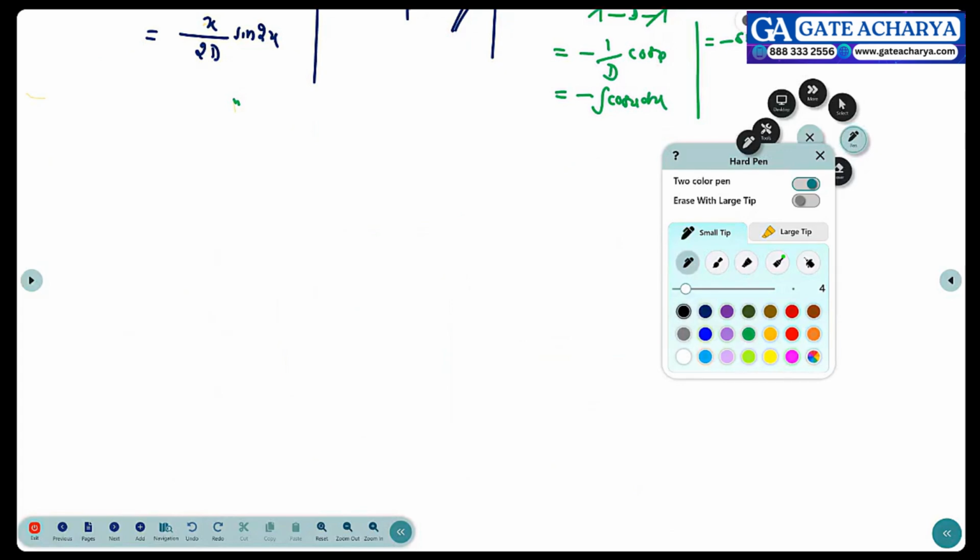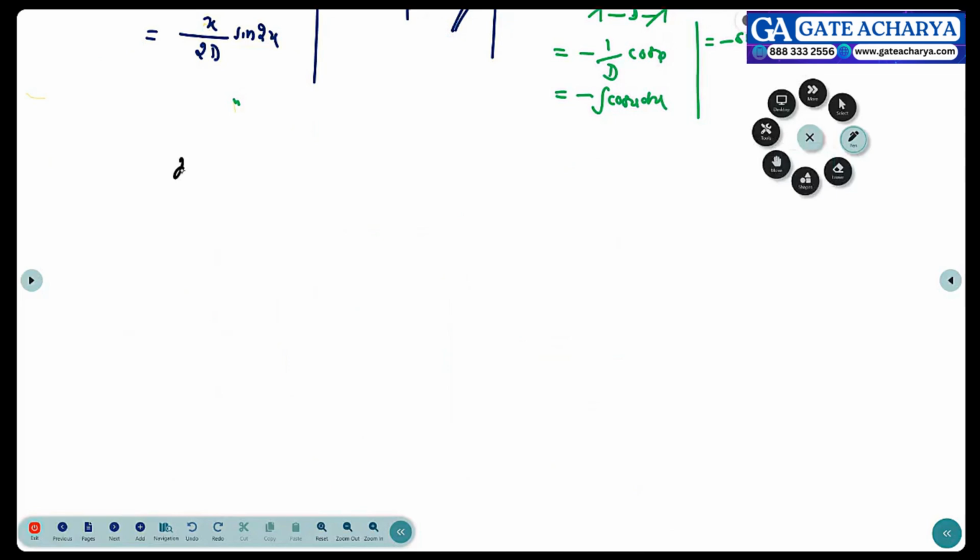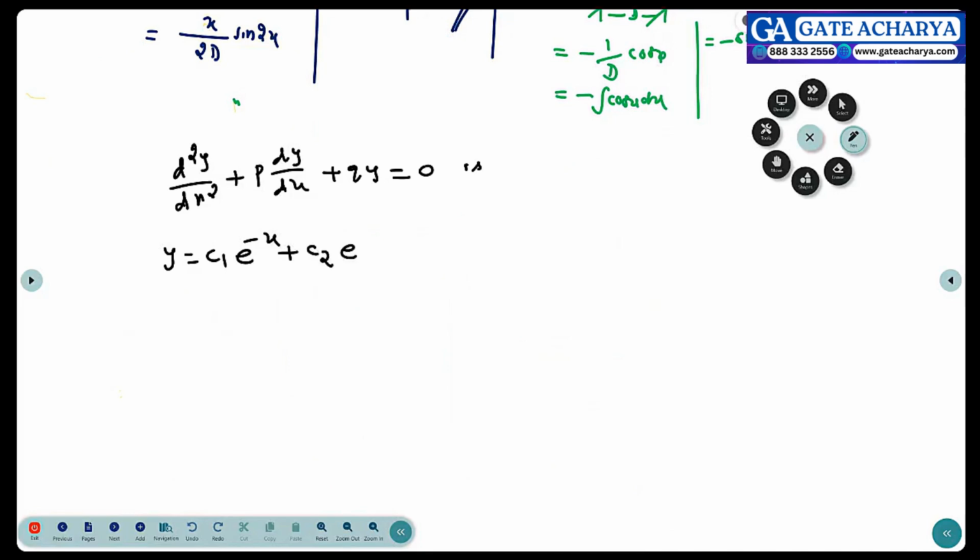The complete solution of the ordinary differential equation d square y by dx square plus p dy by dx plus qy is equal to 0 is y is equal to c1 e power minus x plus c2 e power minus 3x.